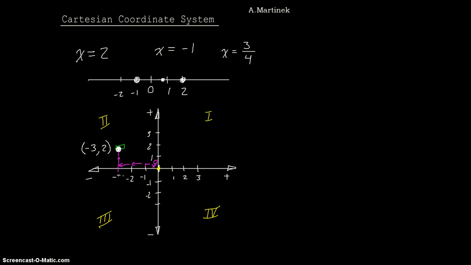Notice I've come -3 on this horizontal axis and up 2 on the vertical axis. The most common designation for these axes is the x-axis and the y-axis. We usually put an x and a y next to them. X is common. It could be t, it could be any variable name I wanted to call it, but it's often x and y. And I call this point an ordered pair.